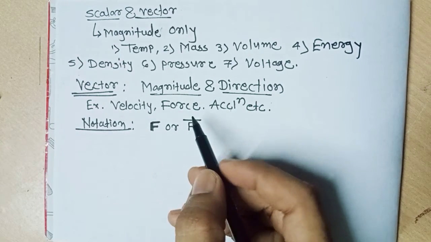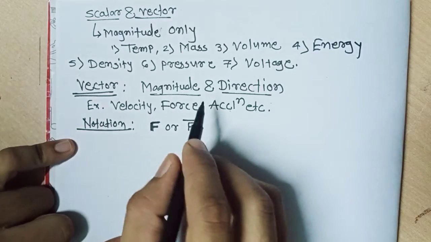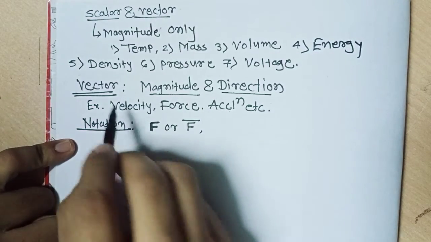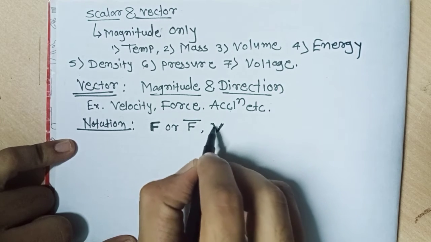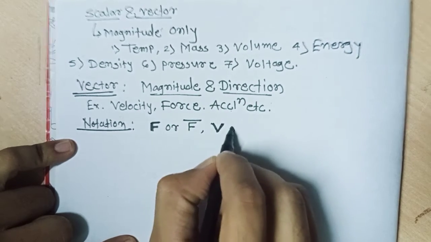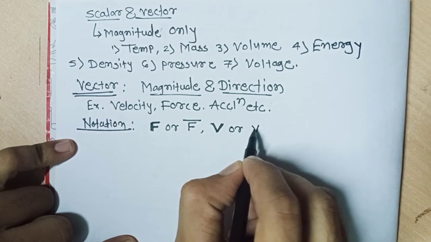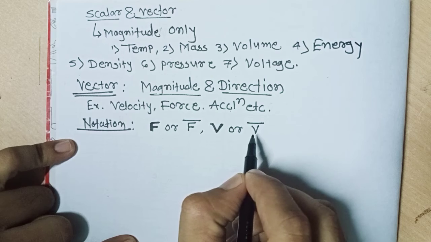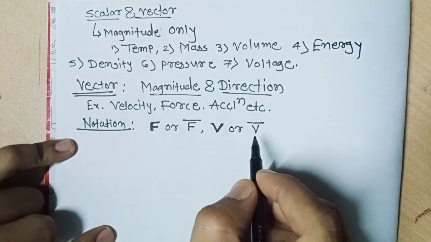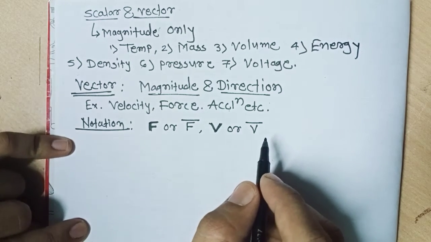This represents a vector F. Similarly, for velocity, you can use the bold face letter, or simply put a bar on top of the notation, that is vector V.